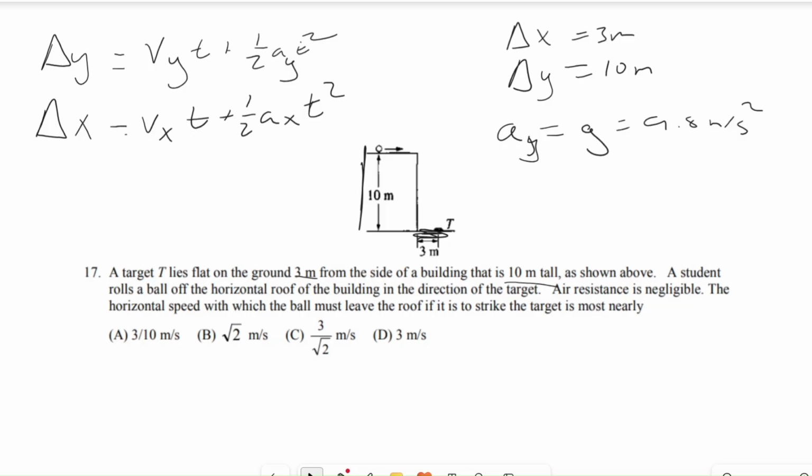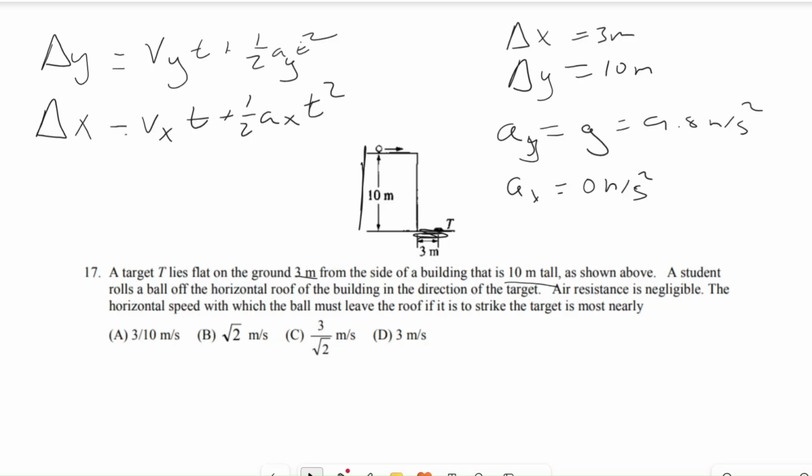The velocity in the horizontal component is going to stay constant because gravity only acts in the vertical component. There's going to be no acceleration in the horizontal component of the velocity. So our ax is going to equal 0 meters per second squared.